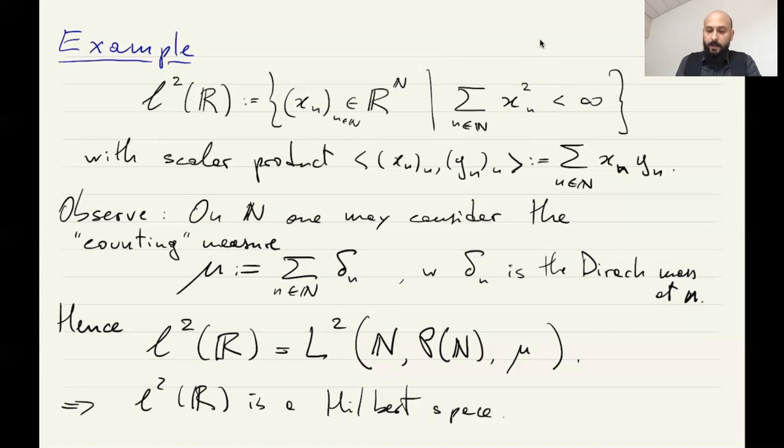Very good. Another Hilbert space that we saw was L2 of the real line with the Borel subsets and the Lebesgue measure. So these are two different Hilbert spaces, at least set-wise.